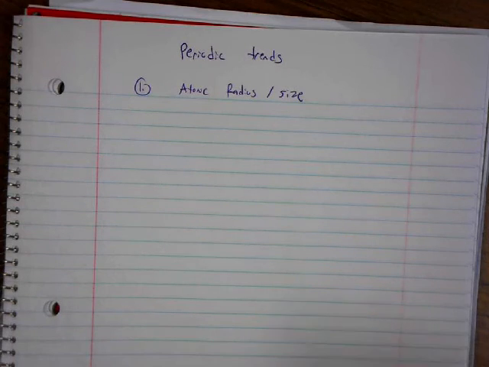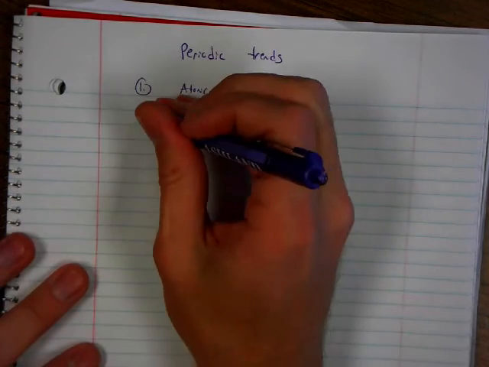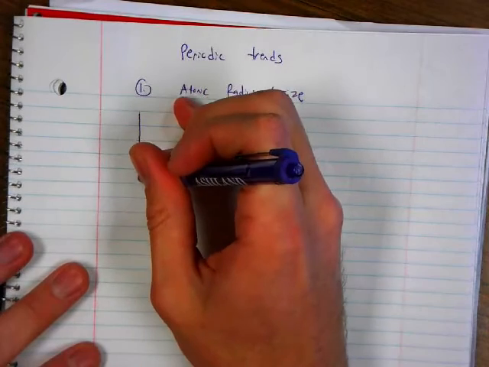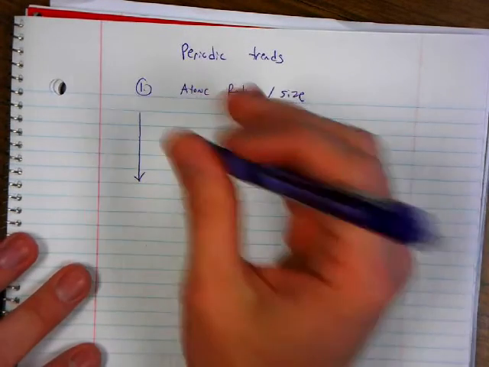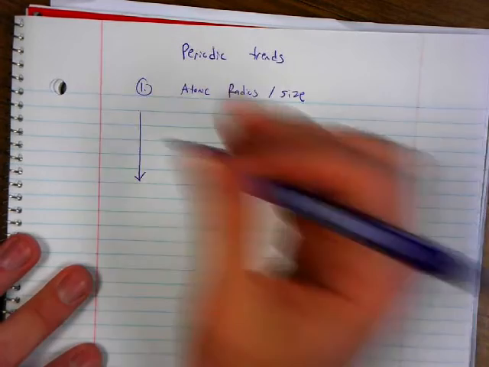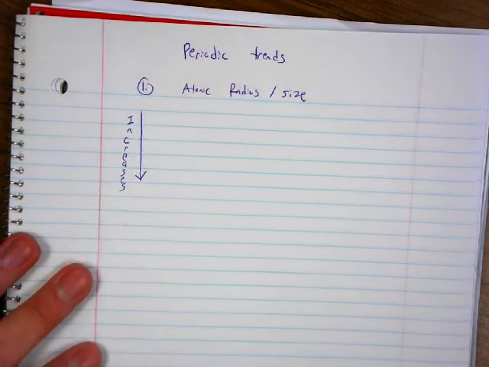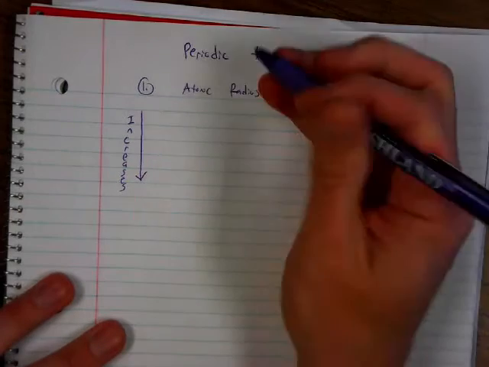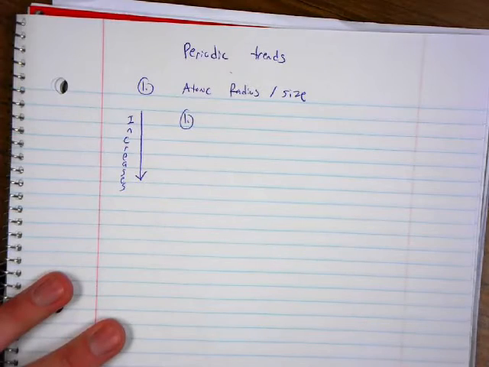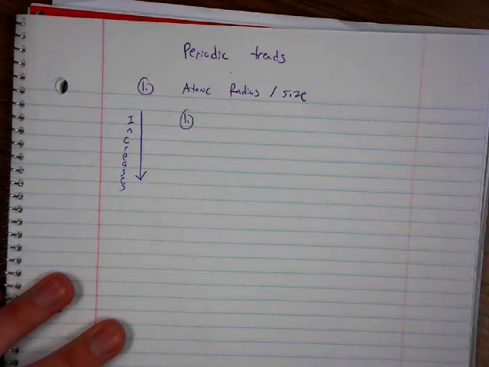So we've already kind of discovered this trend, and we know that as I'm moving down a column, my atomic radius increases, right? Why? Number 1, what am I adding as I move down a column?